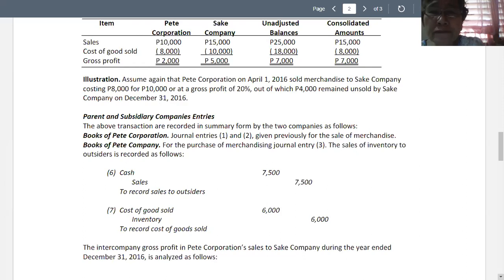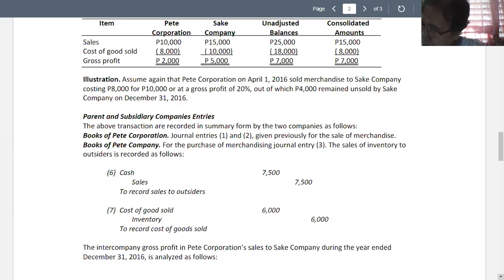Meaning, the first two entries, the previous entries on April 1 in the books of Pitt will still be the same, since Pitt is merely recording the sale of the merchandise to Sake. However, the inventory remains in the books of Sake.